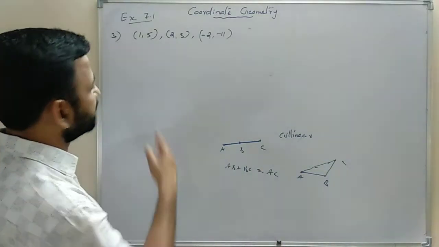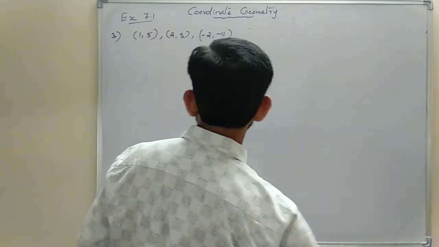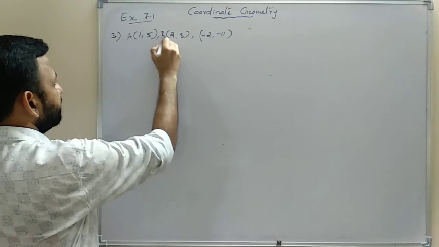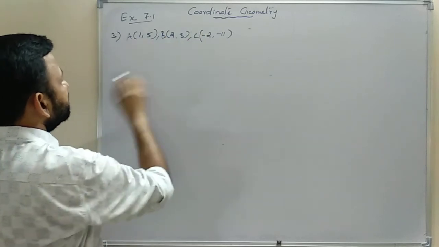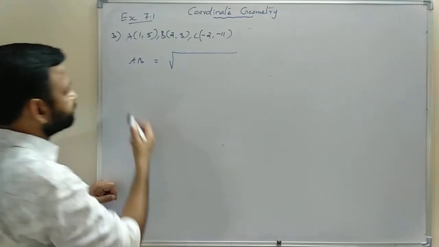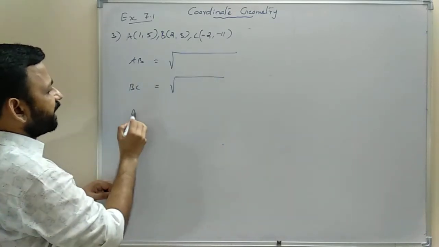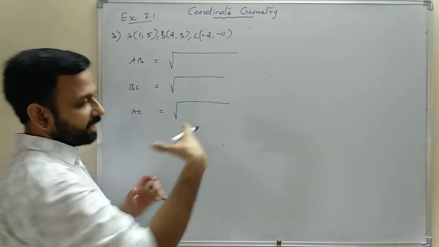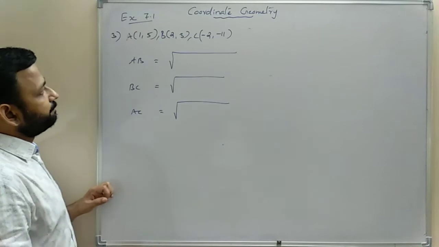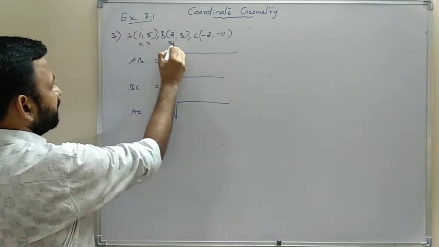So here we have 3 points. First we will find AB; let the points be A, B and C. By using the distance formula we will find AB, then BC, then AC. When we find AB, we take (x1, y1) and (x2, y2).